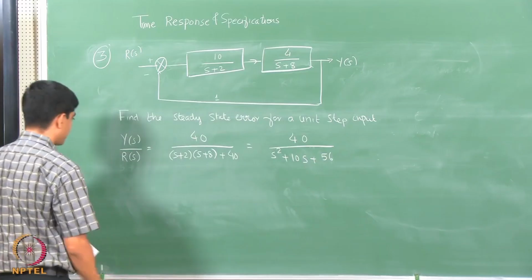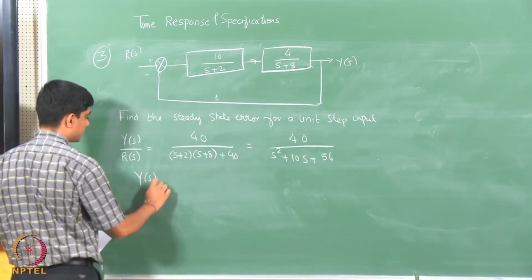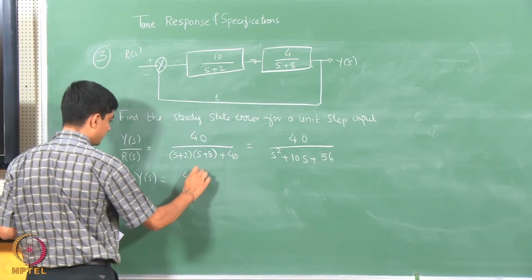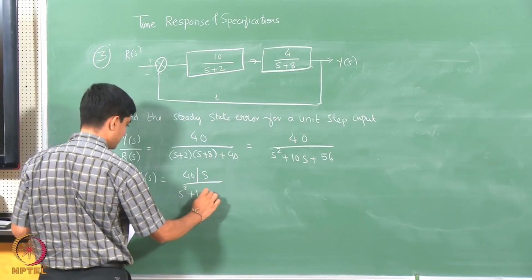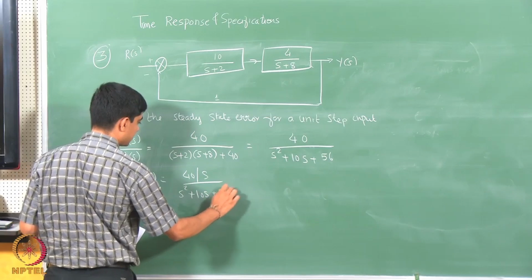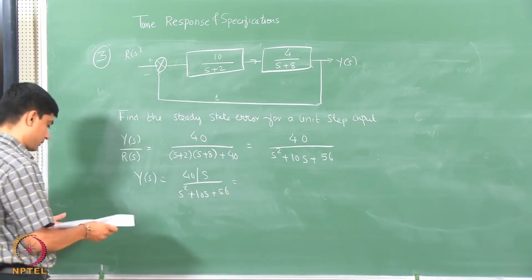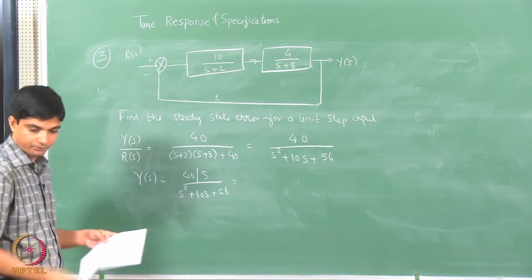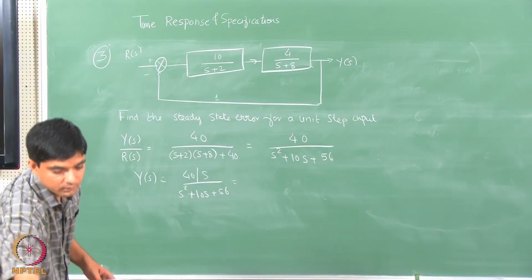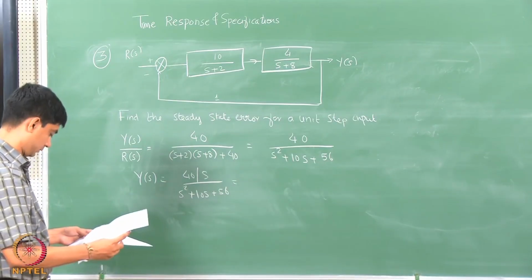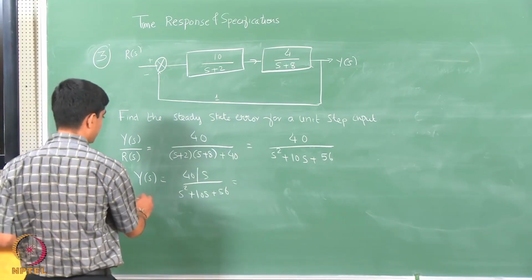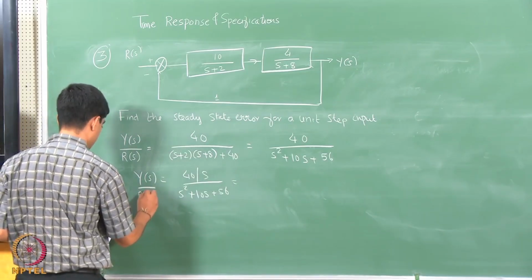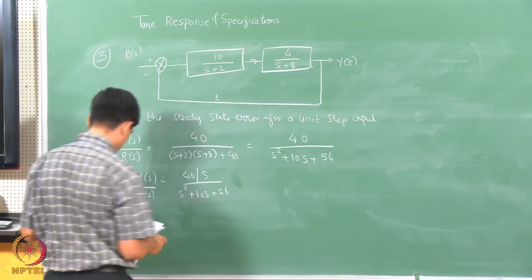So 2 weeks ago I would just do this, right? So it's 40 over s square plus 10s plus 56, and this is my transfer function Y(s) over R(s).